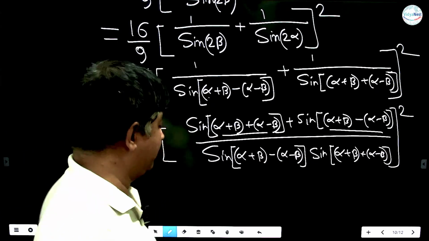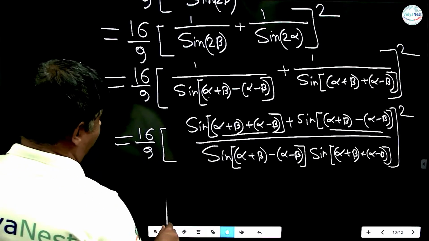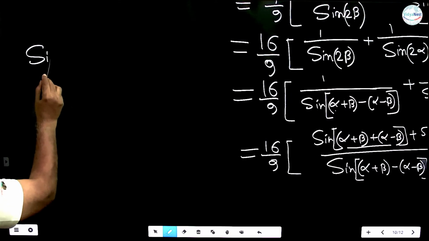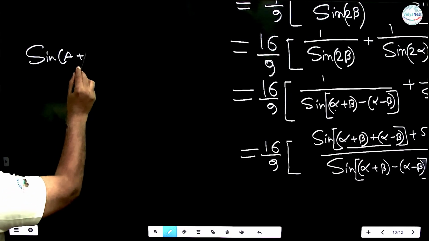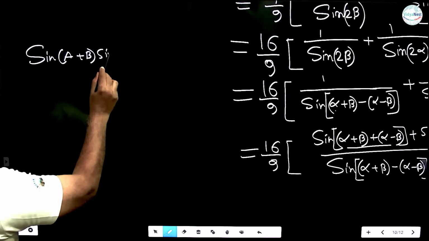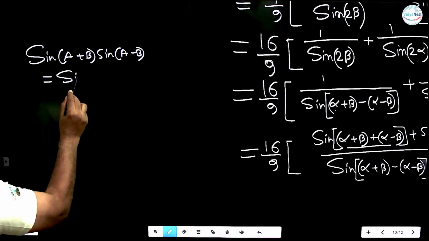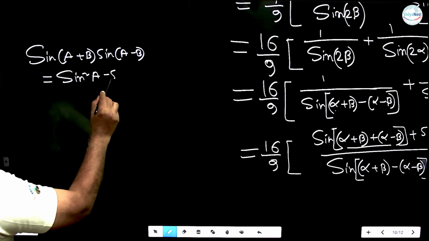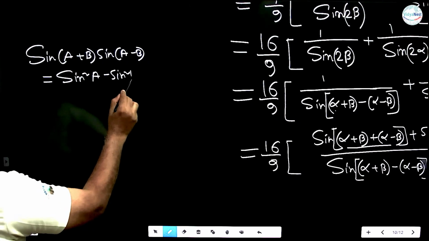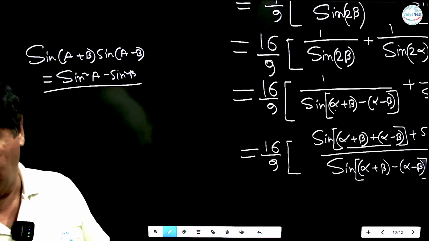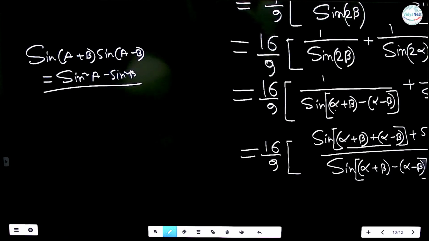See, I am just reminding you one formula. Sine A plus B into sine A minus B equals sine square A minus sine square B. That is one basic level property of trigonometry which you were taught at the beginning of your session.